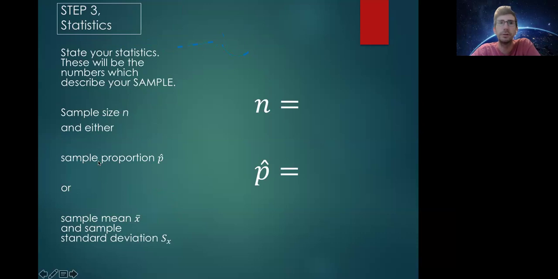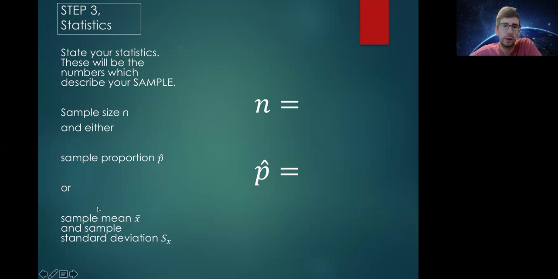So step 3 is just to state out your statistics, right? Remember that statistics come from a sample. So in our test for proportion example, we've got a sample size and a sample proportion, right?